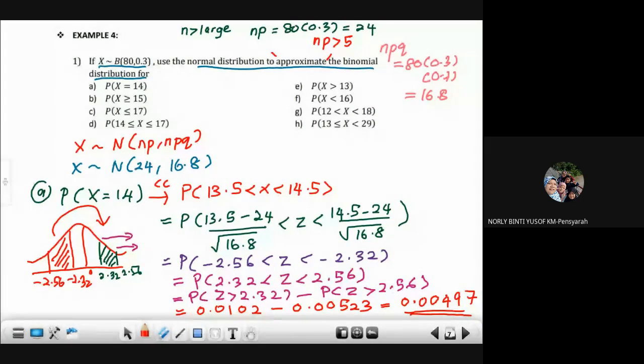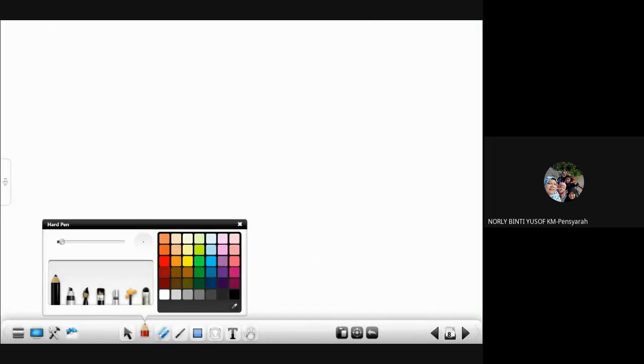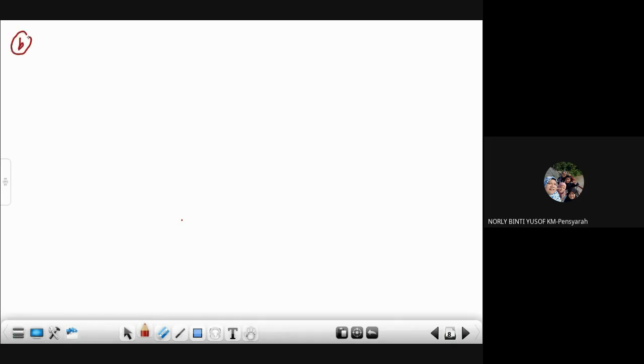Okay. Then same goes for B. Masih sama. Kita akan buat continuity correction untuk discrete greater or equals to 15. So buat continuity correction. Kita akan, since simbol ada sama dengan kan, lebih besar memang tambah tapi ada sama dengan. So you akan tolak 0.5 dapat 14.5.